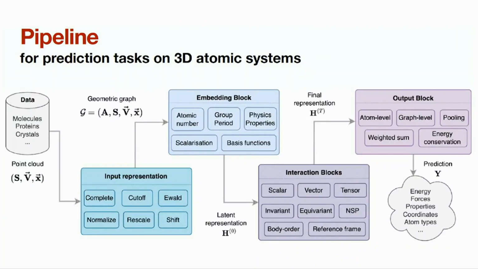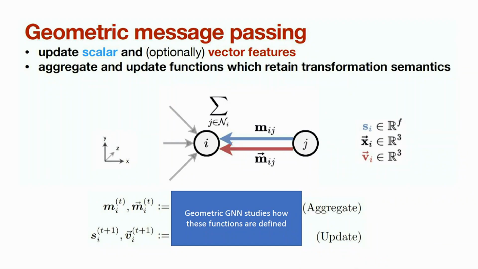All right, so before we dive into the algorithm, just trying to model a 3D atomic system is a non-trivial task, right? Because think about it, you start from random molecules and suddenly you say that we have a model for it.